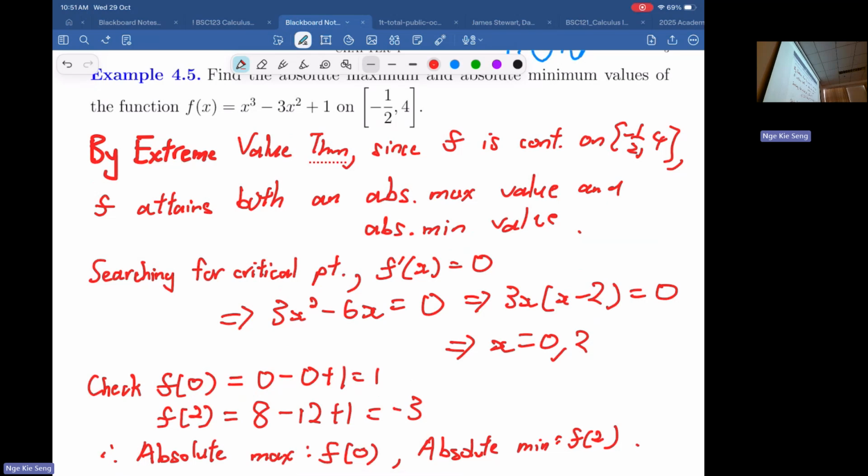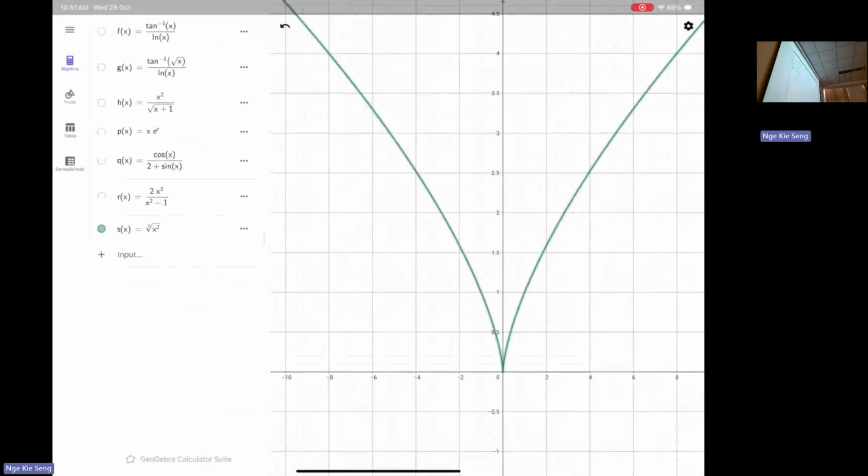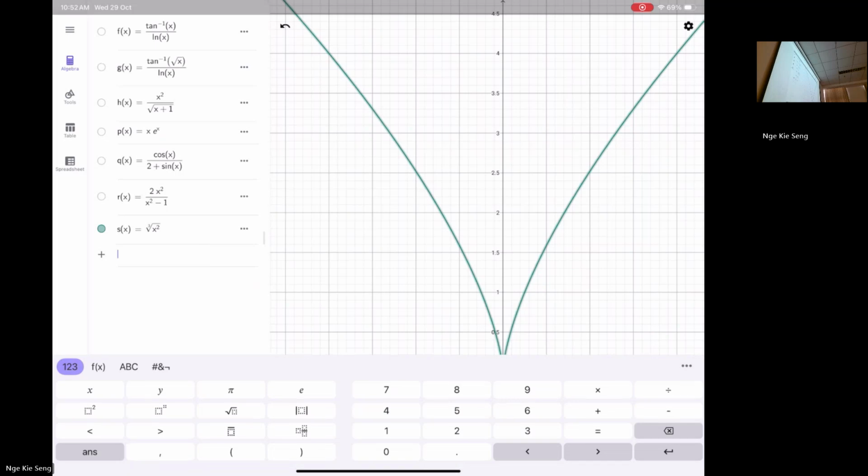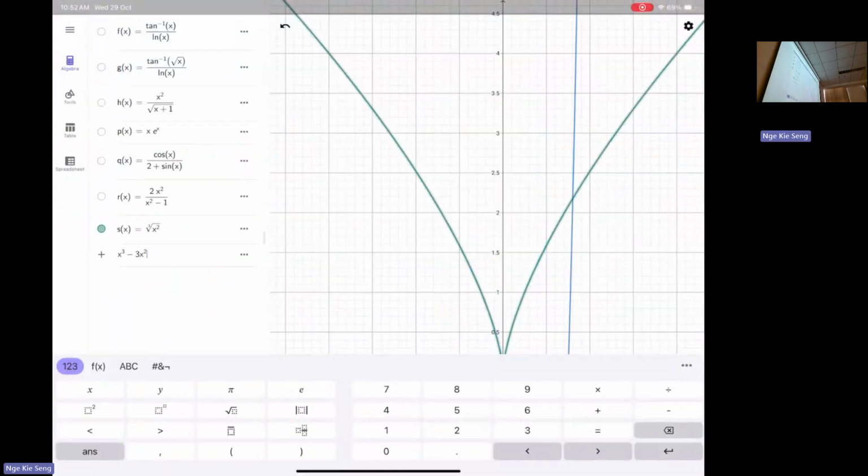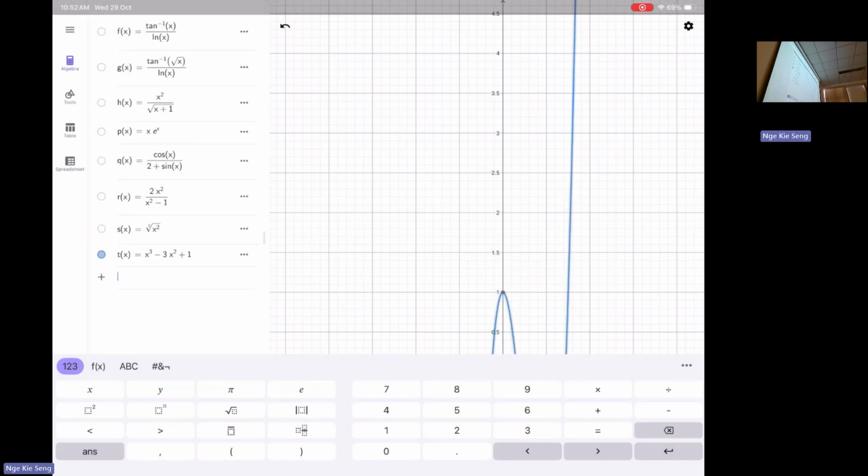We can draw a quick sketch of the graph of x cubed minus 3x squared plus 1. Then let's look at this graph now.